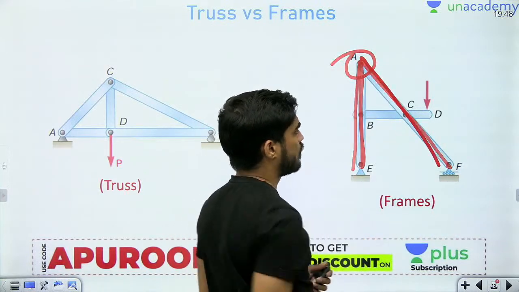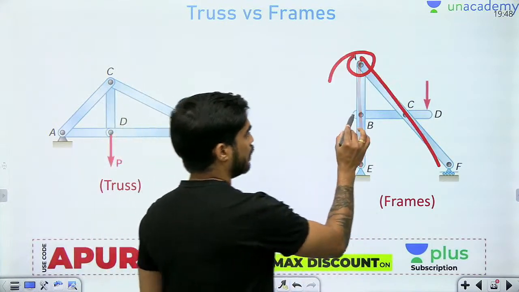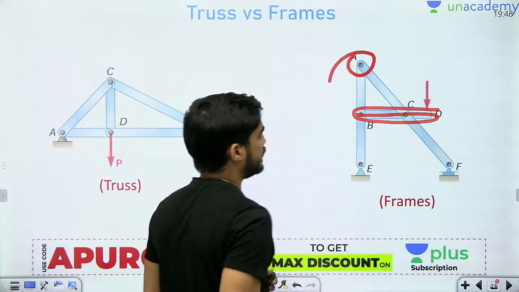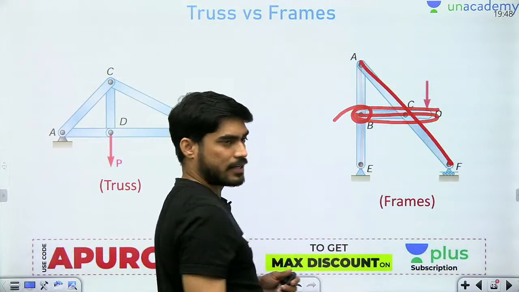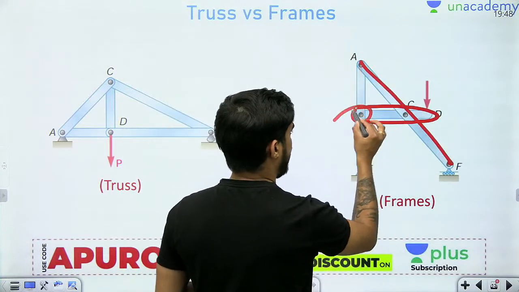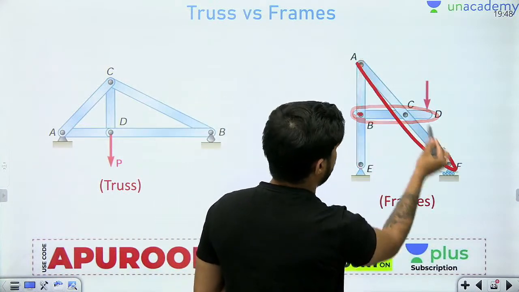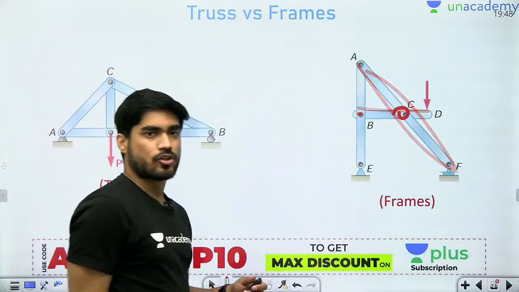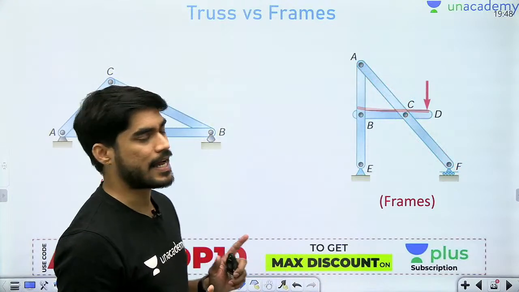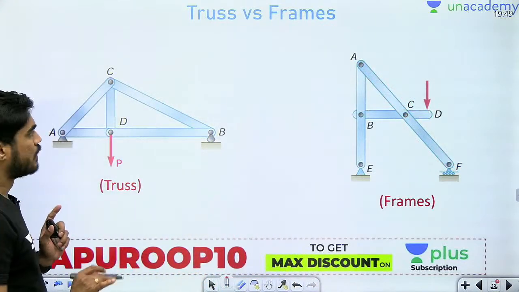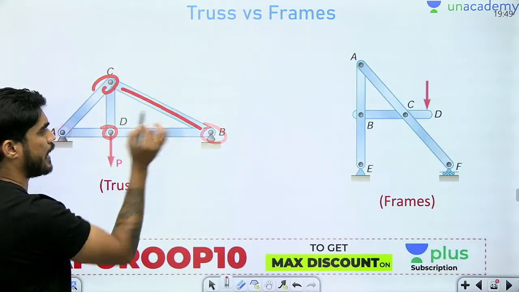AE और AF जो है वो एक end पे connected है A. But this BD member is connected to AE and AF in the middle, right? ये जो BD member है ये AE से connected है B पे बीच में और AF से connected है C पे बीच में. So it is not necessary that all the members are connected only at the ends. Here in case of truss, the members are connected only at the ends. There is no connection in between the ends.